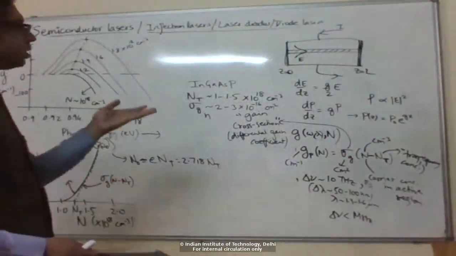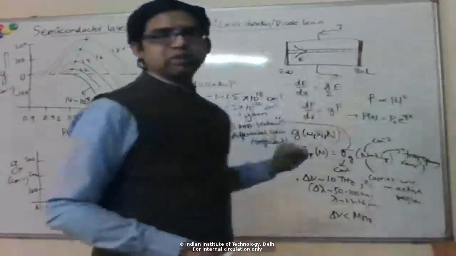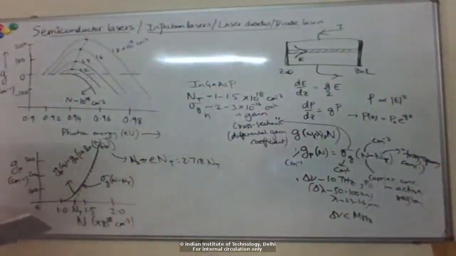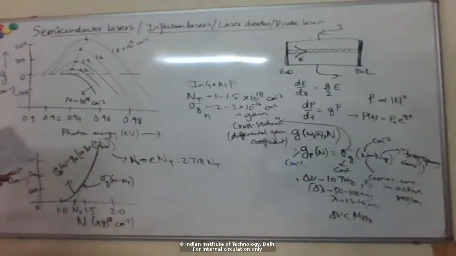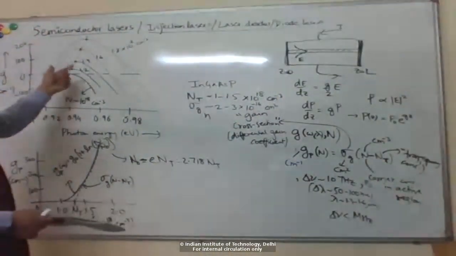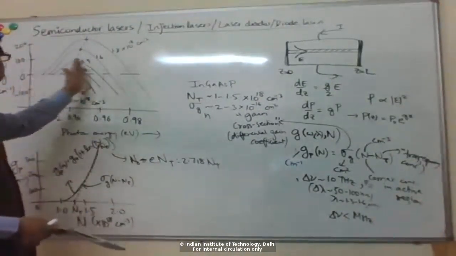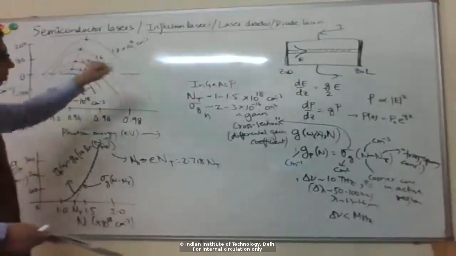Once you cross this threshold, stimulated emission becomes dominant, and all the photons coming out have the same frequency and the same direction of propagation. And you can see that just like in any other laser, there is a particular gain bandwidth, a range of frequencies over which you get gain, and the value of the gain is also frequency dependent.